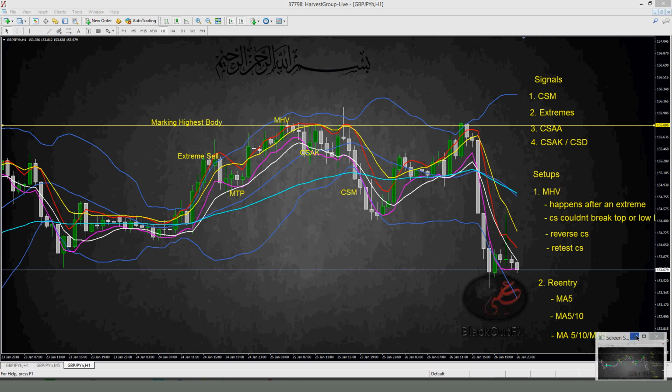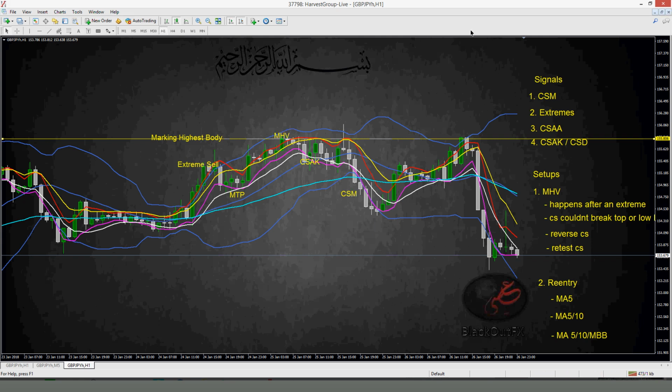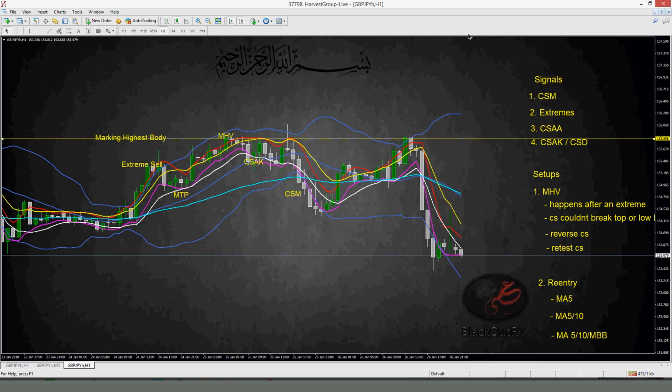All right. So in that sense, we need to make sure that we know what part of entries we are doing. Let's say, for example, right now we have a re-entry at the moment over here. We have CSM, and then we have re-entry.